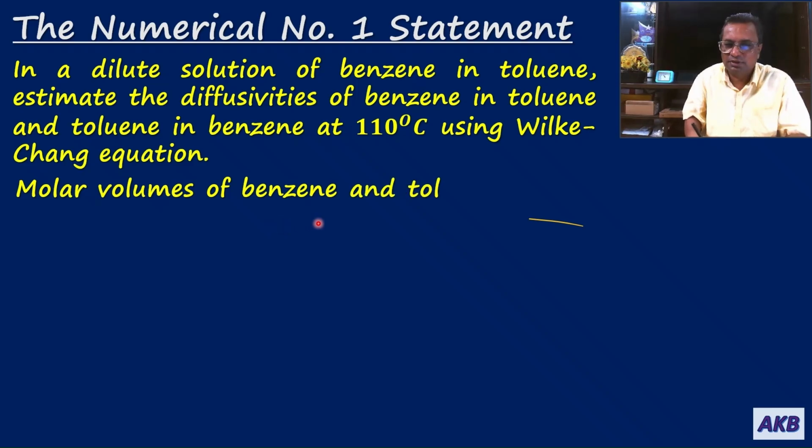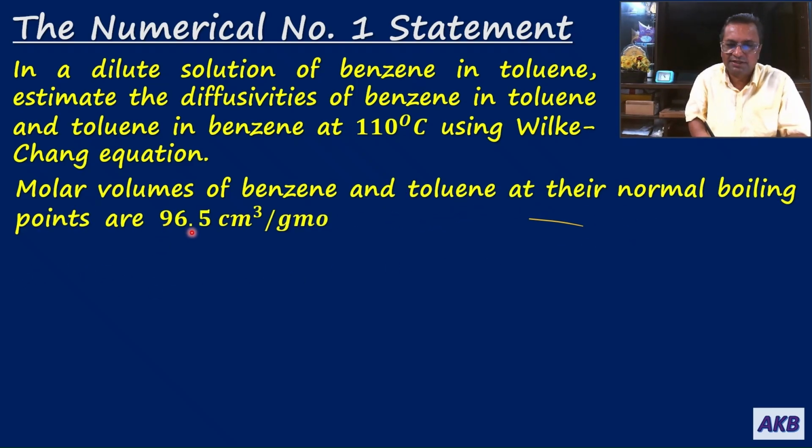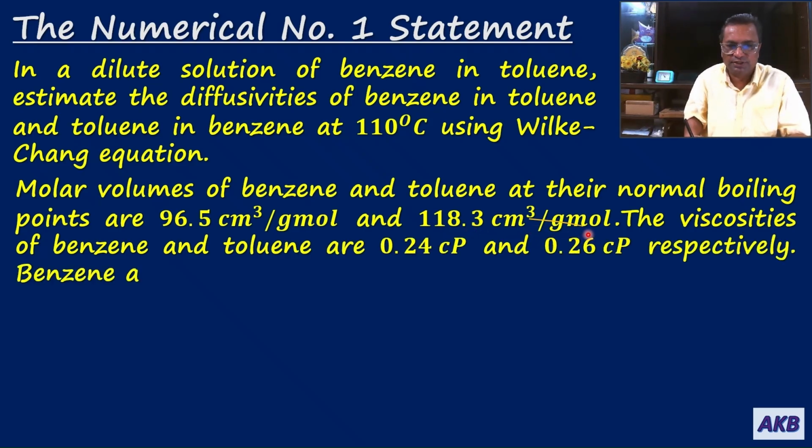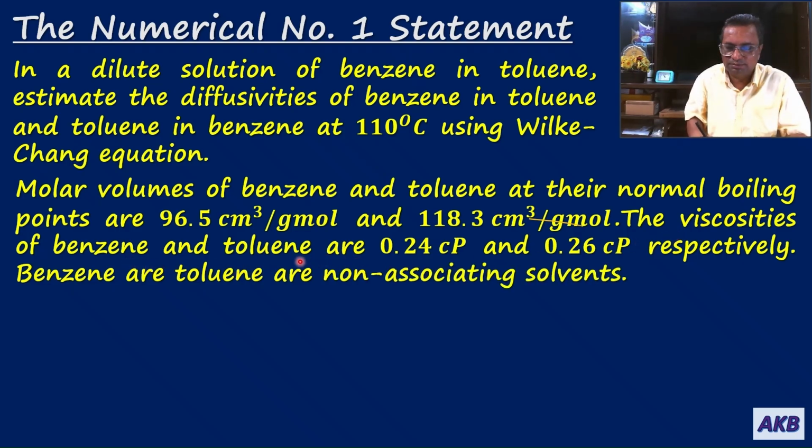Molar volumes of benzene and toluene at their normal boiling points are 96.5 centimeter cube per gram mole and 118.3 centimeter cube per gram mole respectively. The viscosities of benzene and toluene are 0.24 centipoise and 0.26 centipoise respectively. And benzene and toluene are considered to be non-associating solvents.